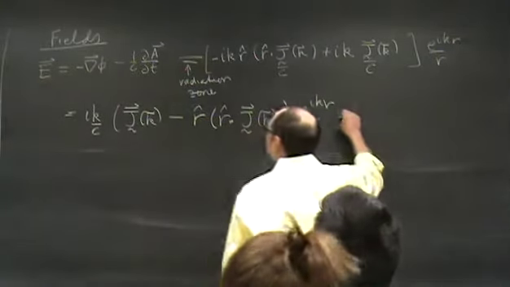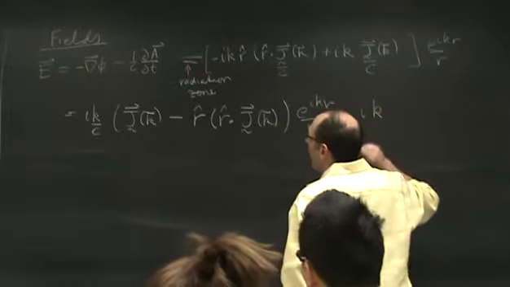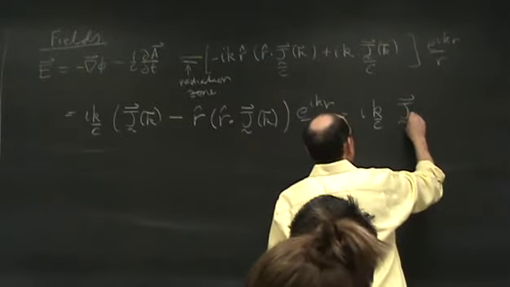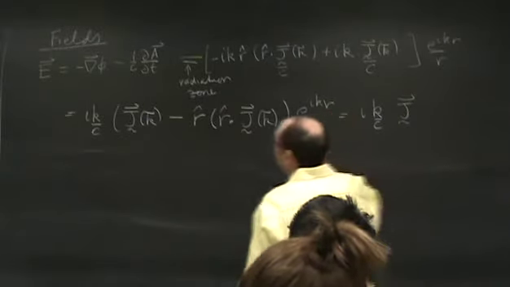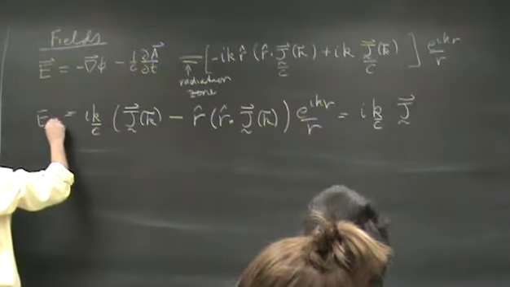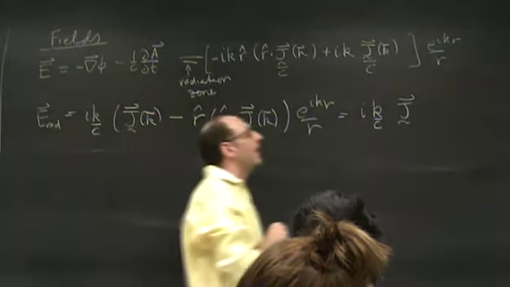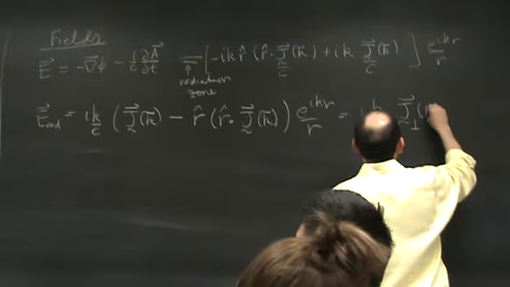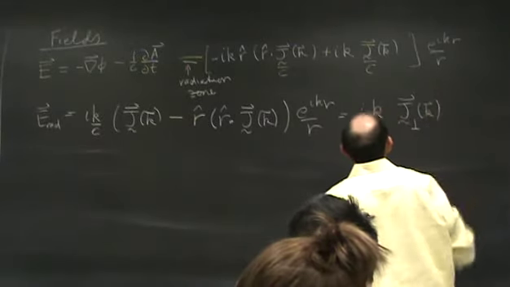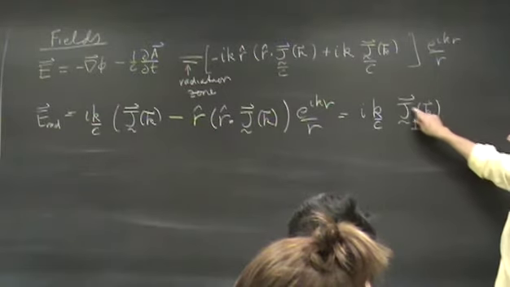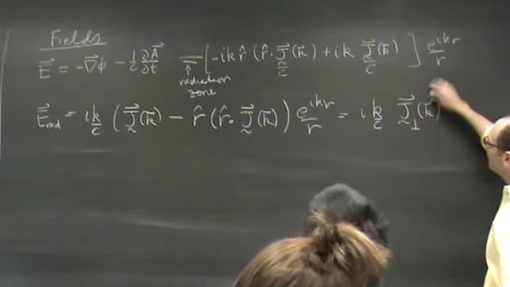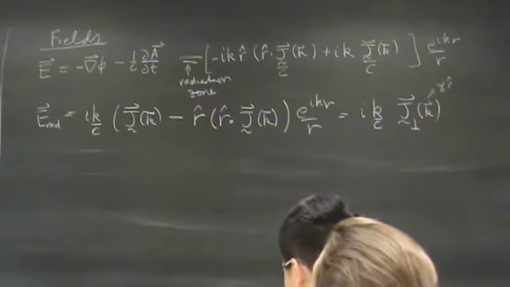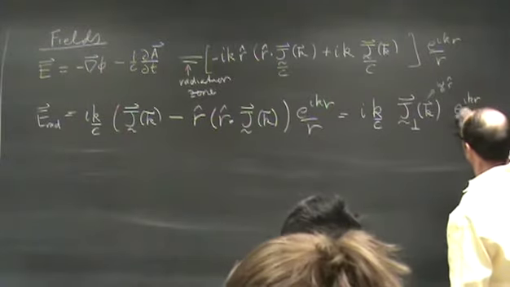So what we find is that the radiated field has a very compact, if perhaps convoluted form, which says that the radiated electric field associated with a harmonically oscillating source in the radiation zone is the transverse part of the current density, the spatial Fourier coefficient evaluated at k equals omega over c r hat, times e to the ikr over r.